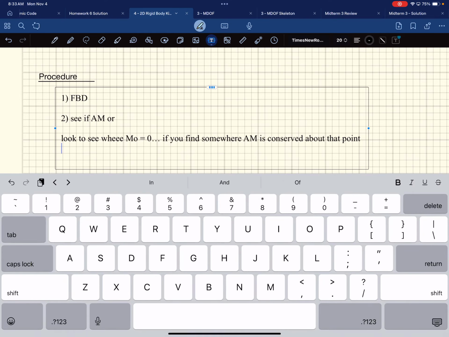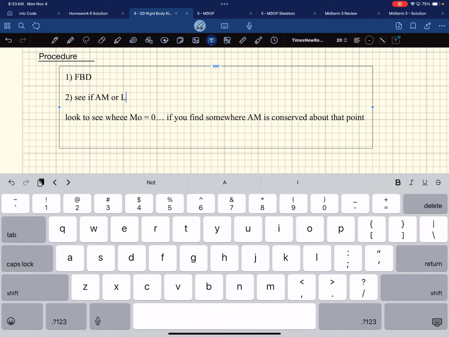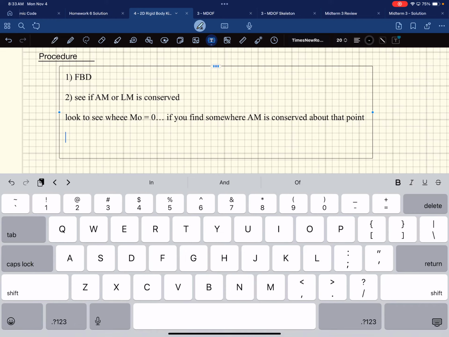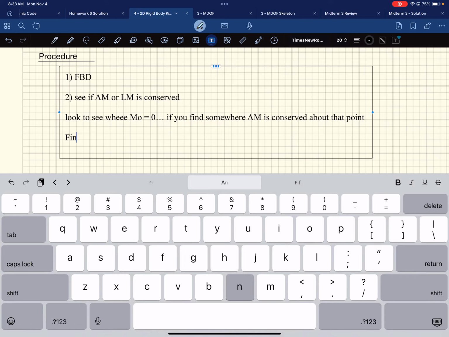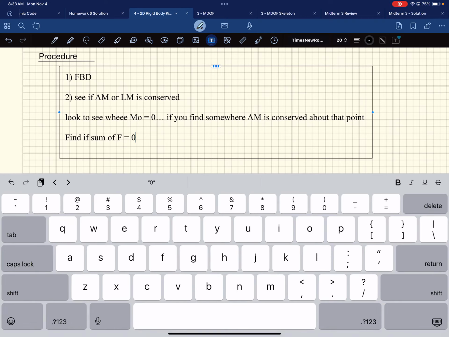All right. Let's see if angular momentum or linear momentum is conserved. Look to see where the moments are equal to 0, then angular momentum is conserved around there. Find if the sum of forces equals 0. If so, linear momentum is conserved.